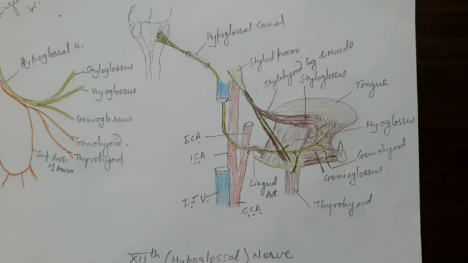And when you ask the patient to protrude the tongue, the tongue will deviate to the side of injury. On whichever side the paralysis is there, the tongue will go to that side.